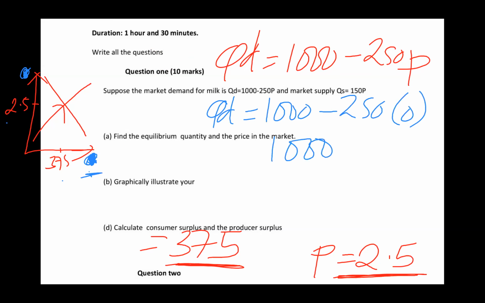So the intercept on the horizontal axis is 1,000, the last number here. We know that 375 is just in between, the quantity that brings the market into equilibrium.